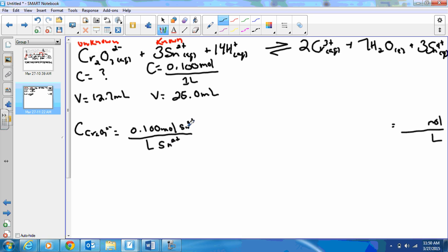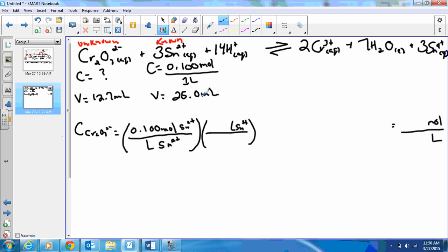I like to always include what it is that these units belong to so that I don't get confused during the unit analysis. So this is a good idea, always write the entity that this is referring to. I want to convert this to moles, so that means I have to cancel out liters to leave me with moles of tin 2. So if I want to cancel liters, and liters are here in the denominator, I've got to put liters of tin 2 in the numerator to cancel.